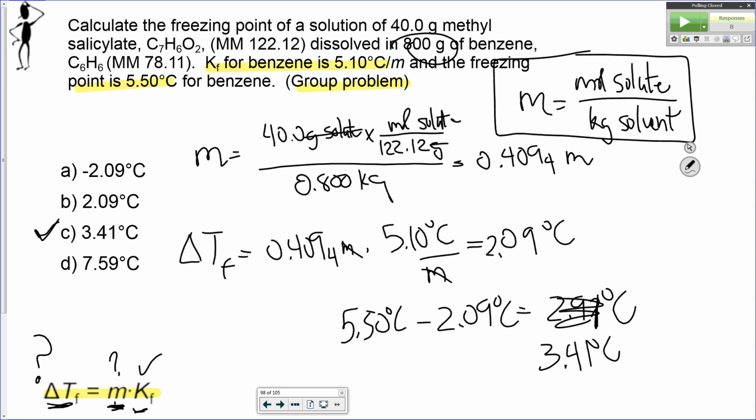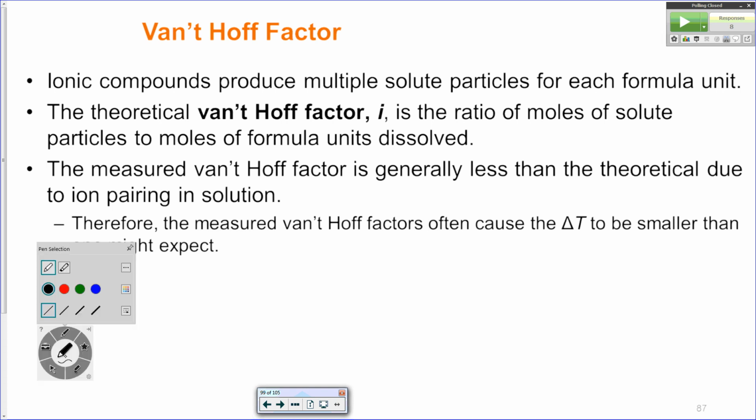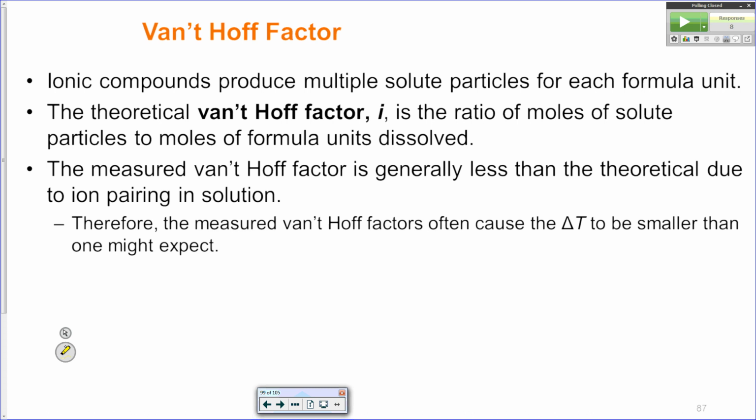Okay. All right, so just a few more slides on these. Talk about the Van Hoff factor for a second. The Van Hoff factor is a way that we describe what happens when an ionic compound dissolves in solution. When the ionic compounds dissolve, you get multiple particles depending on what the formula unit is.